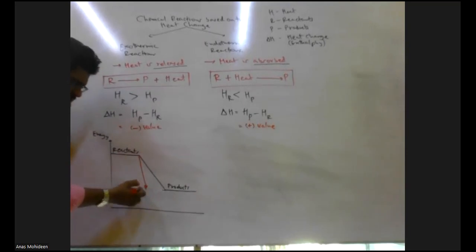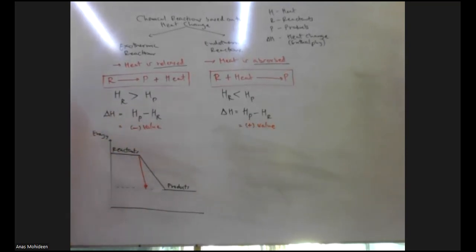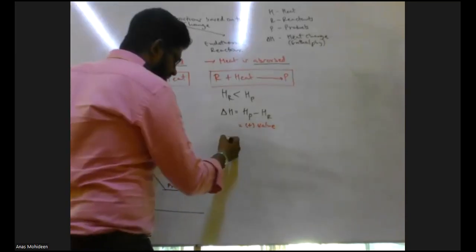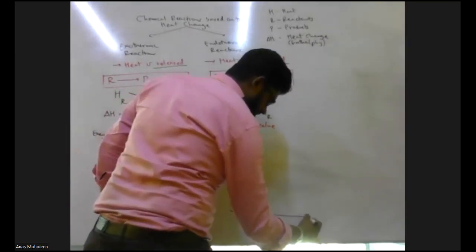Decreased. Reactant to product, it is decreased. So this is the change. Here you can write heat is released. Let's say it was 50 and this was 30, 50 to 30, it is reduced. Alright? And the endothermic reaction we are taking next.